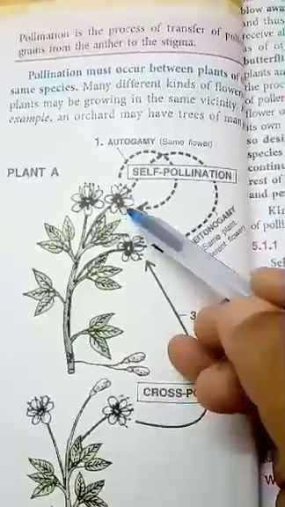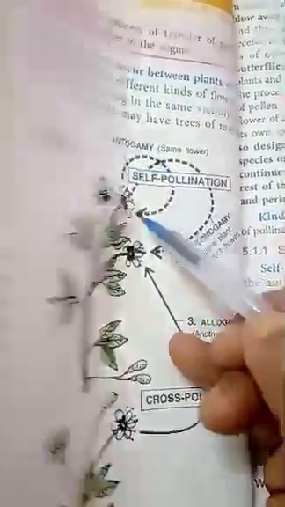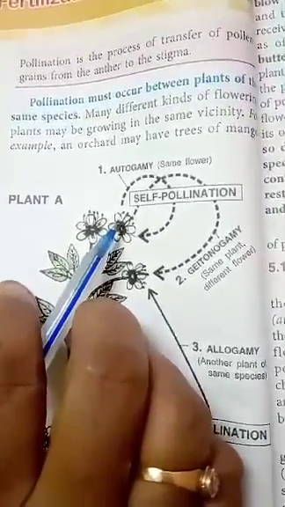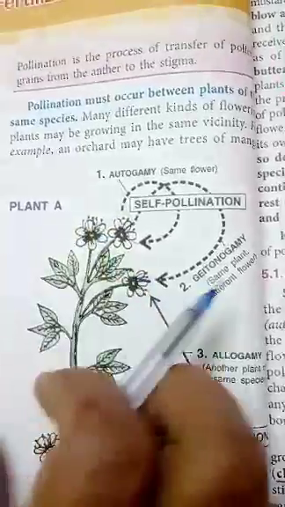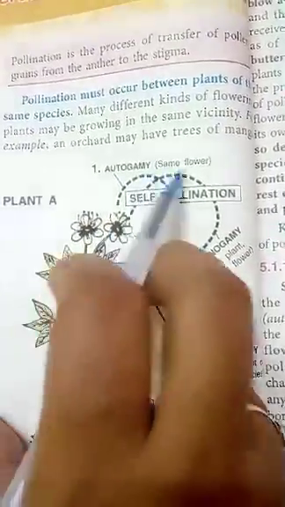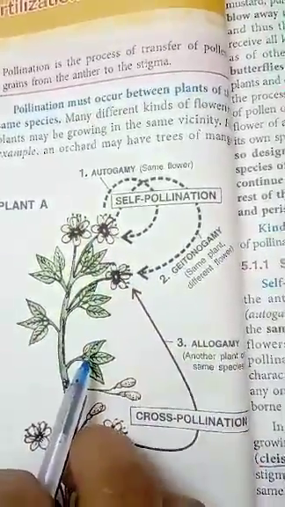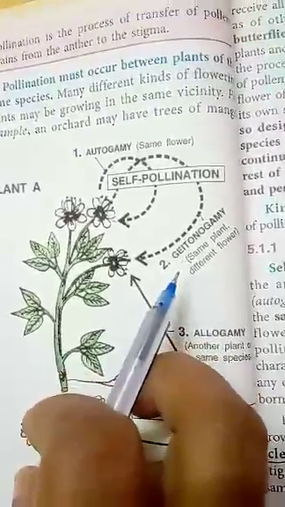If the pollen grains from one flower fall on the stigma of the same flower, that is self pollination, and the term used for that is autogamy. There is one more type of self pollination called geitonogamy, in which pollen grains from one flower fall on the stigma of another flower but of the same plant. That is geitonogamy, and it is also a type of self pollination.